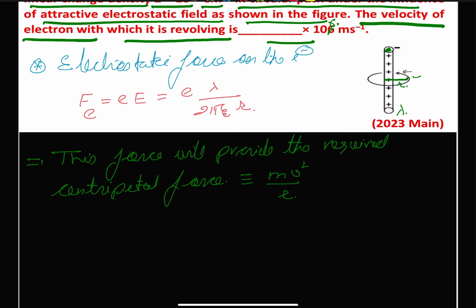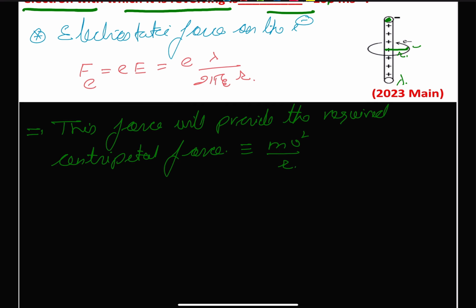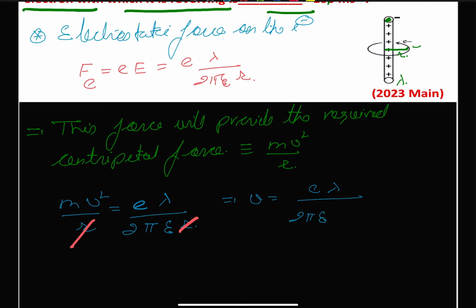So we can simply equate them, and we get m v squared upon r is equal to e multiplied by lambda divided by 2 pi epsilon naught r. And we are interested in velocity. So we can write the velocity will be equal to the square root of e times lambda divided by 2 pi epsilon naught multiplied by m.